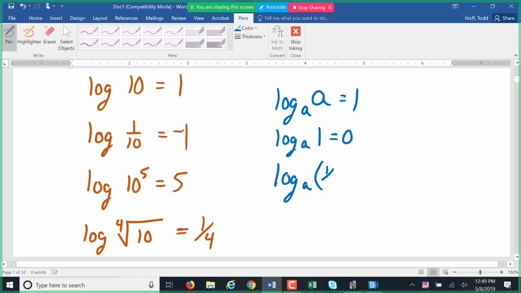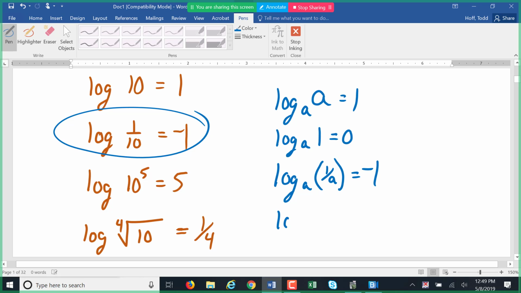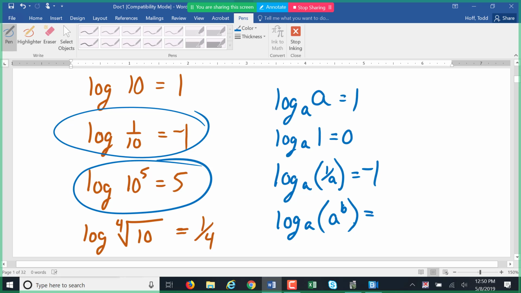Log base A of the reciprocal of A is always going to be what? Negative 1. Kind of a, well, let's do this. Log base A of A to the power of B is always going to be B.